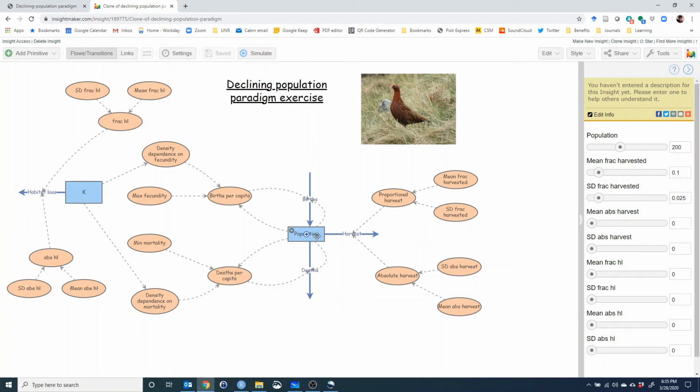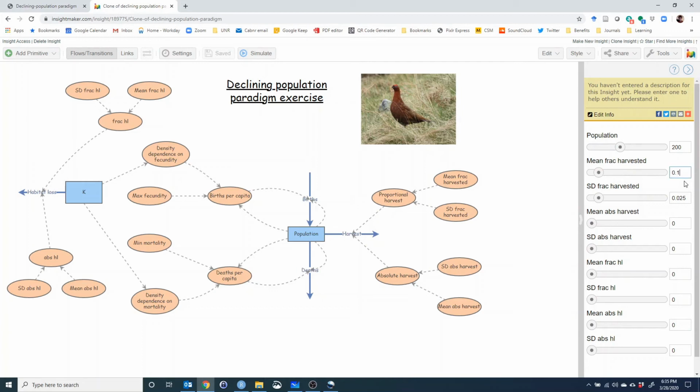We're below the maximum sustainable yield rate, and the population, even with all the stochasticity here, there's not much to worry about. The population's doing okay.